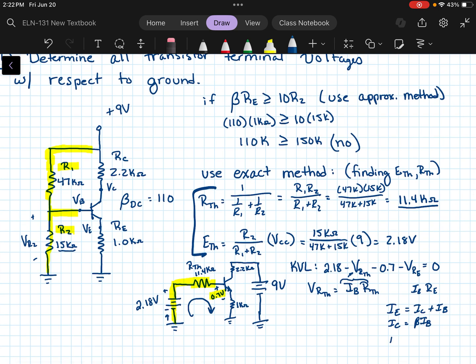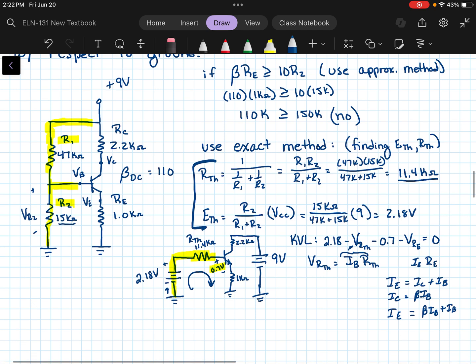So if we combine those two things, we see that IE is beta IB plus IB. And if I pull IB out of there, that would be beta plus 1. So I'm just going to use that.